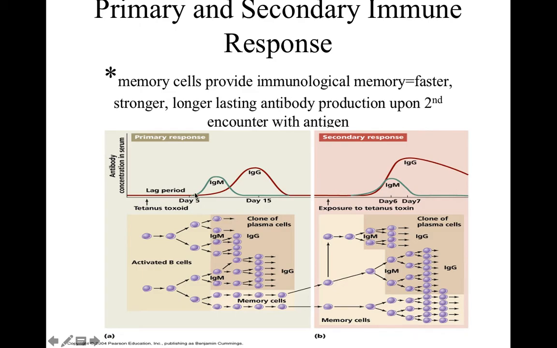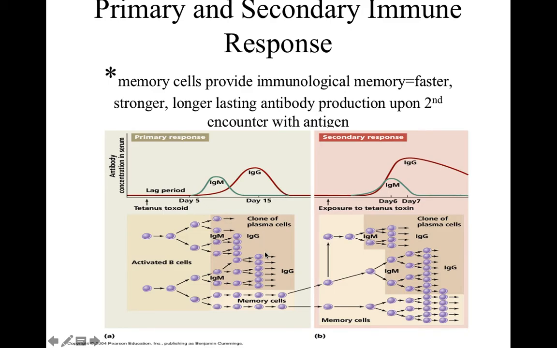Notice, you guys, here that the first antibody that's made is IgM, and then eventually with T helpers we're going to switch over to IgG. But notice here, you guys, it's slow. Antibody concentrations are low, slow, low. Not a lot of IgG, right? And it's relatively short-lived, yeah?